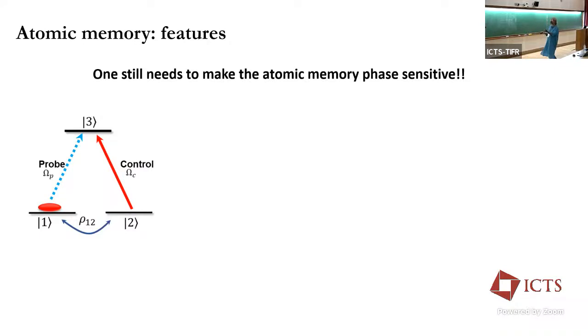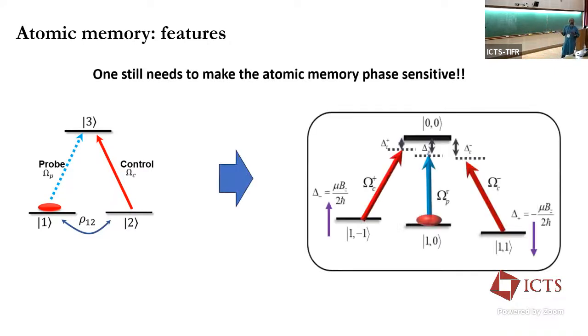So this is not really sensitive to magnetic fields. Somehow we need to make it phase sensitive. And that's the part where, if you extend this such that you prepare the atoms, for example, here, you create a situation where, in a small field limit, you create two such polaritons.